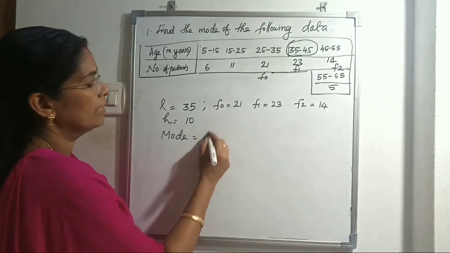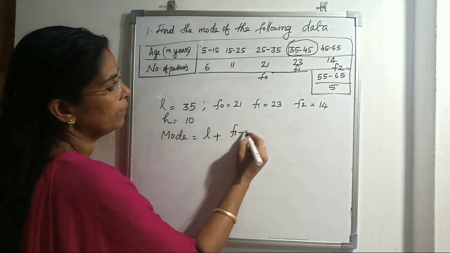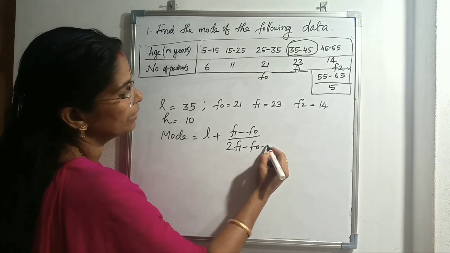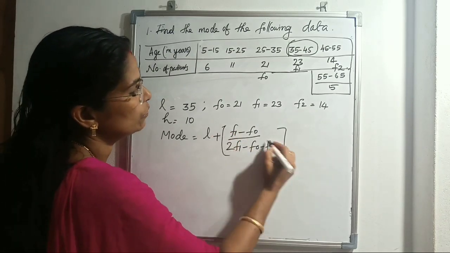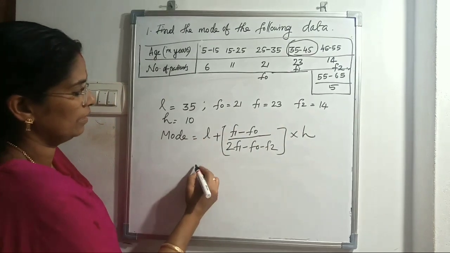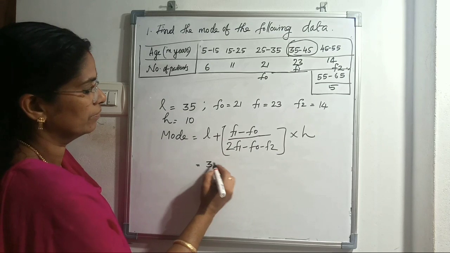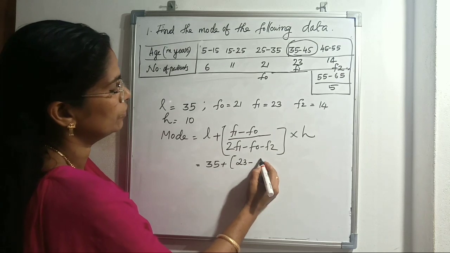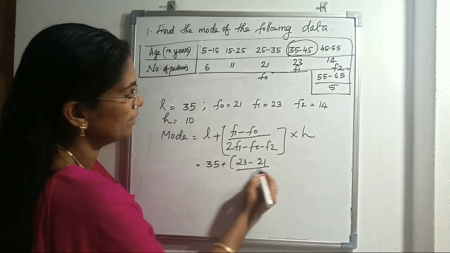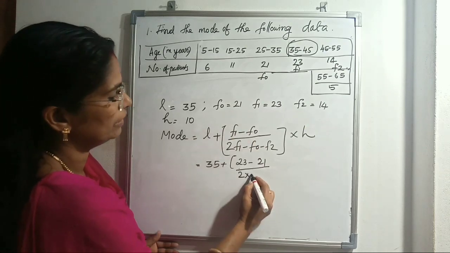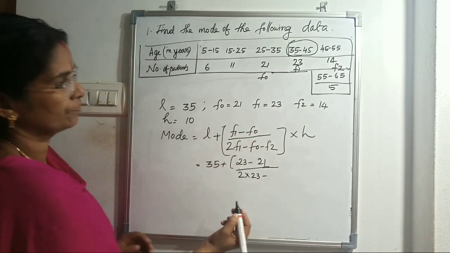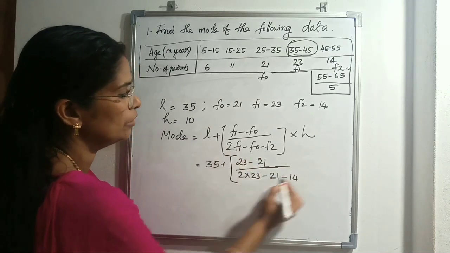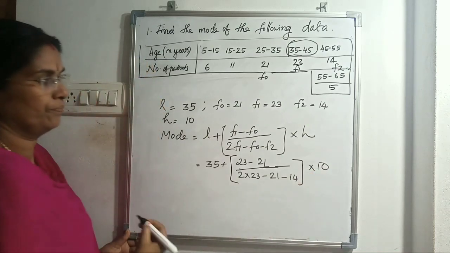Mode is equal to L plus (F1 minus F0) divided by (2F1 minus F0 minus F2), into H. Apply the values: 35 plus (23 minus 21) divided by (2 into 23 minus 21 minus 14), into H, and H is 10 here.